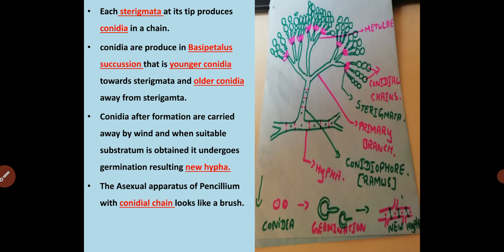On the tip of the sterigmata the spores are produced, called conidiospores. These conidiospores are arranged in basipetal succession, that is, older ones are away and younger ones are nearer to the sterigmata. After detachment, these spores germinate and produce new hyphae. This is about the asexual reproduction in Penicillium.